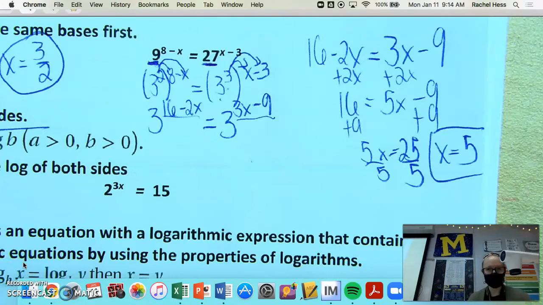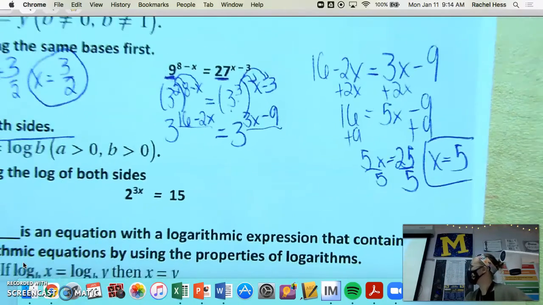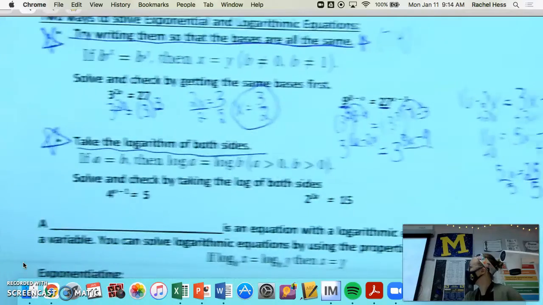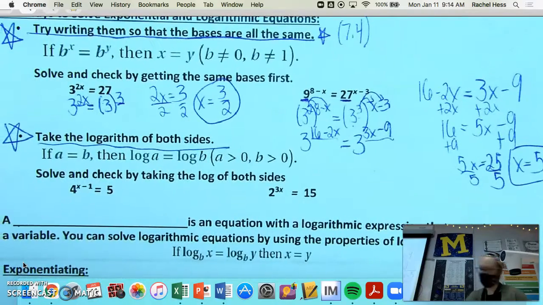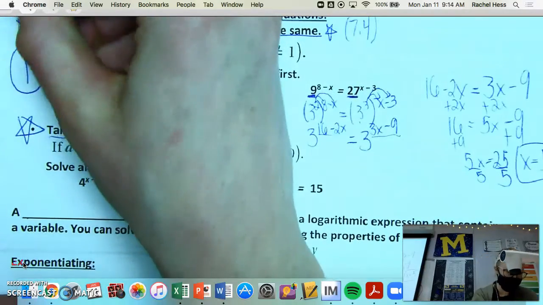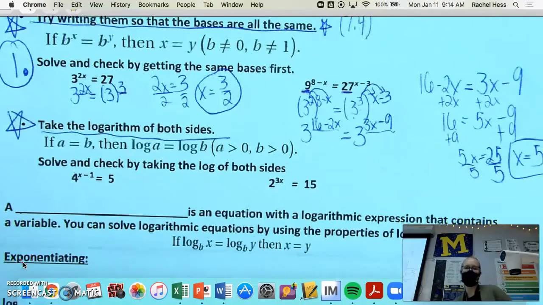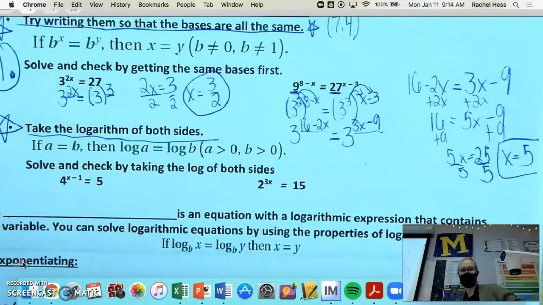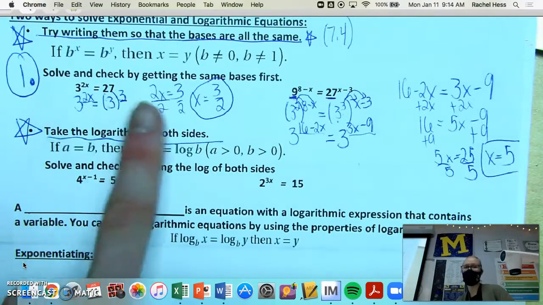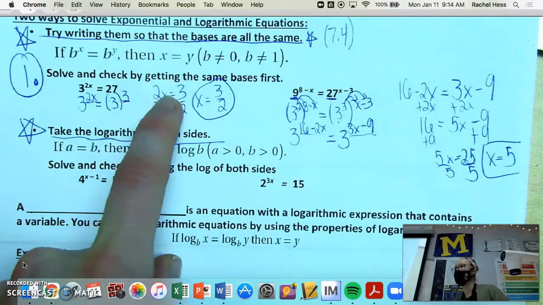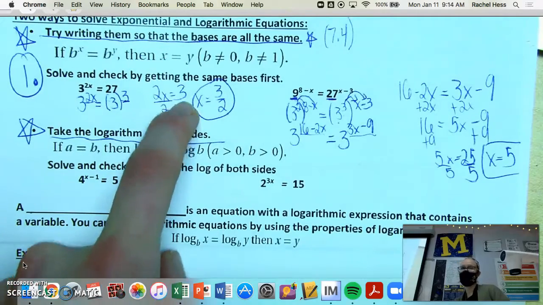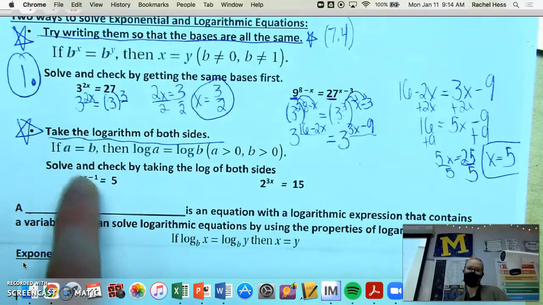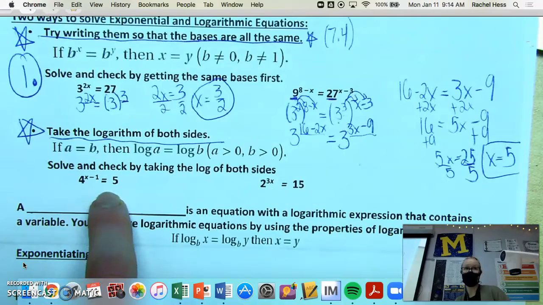So once again, we just did method 1. I'm going to zoom out a little bit. You more than likely will need to know both methods. This second method is helpful when you can't change your base. So if you can change your base, do it. It's easier this way. Because if you can't change your base, that'll involve a calculator.